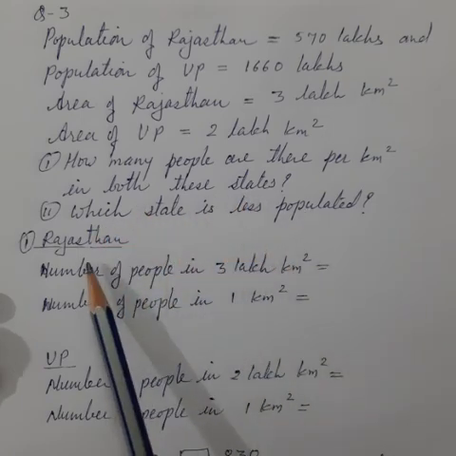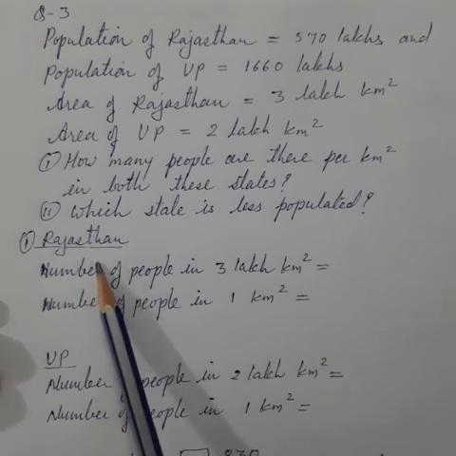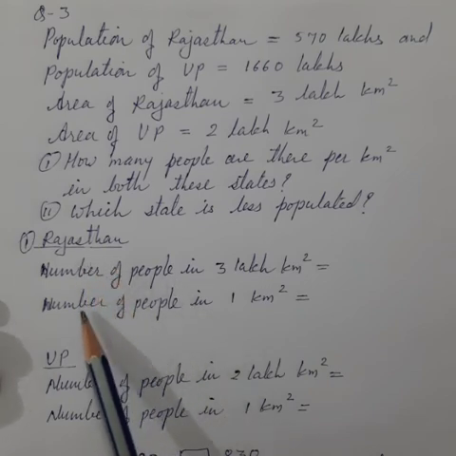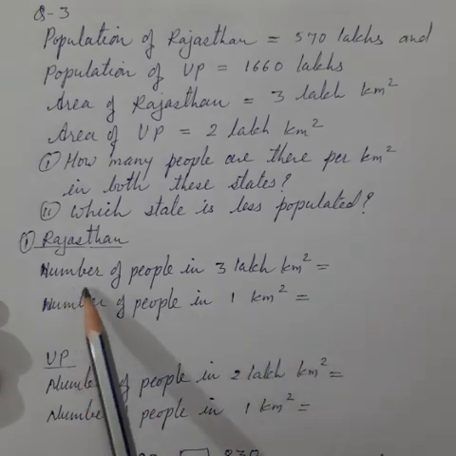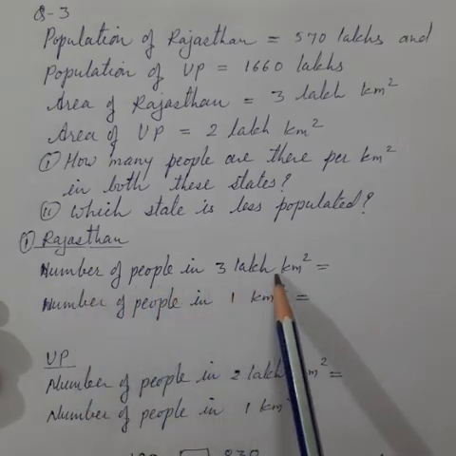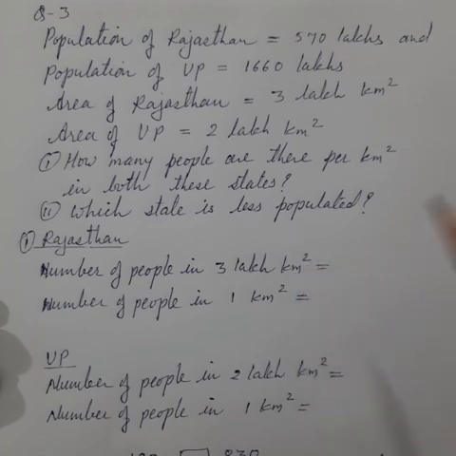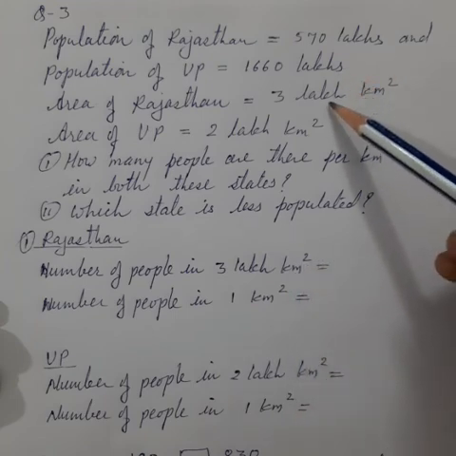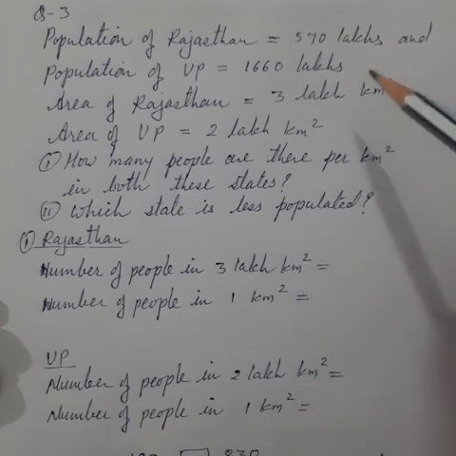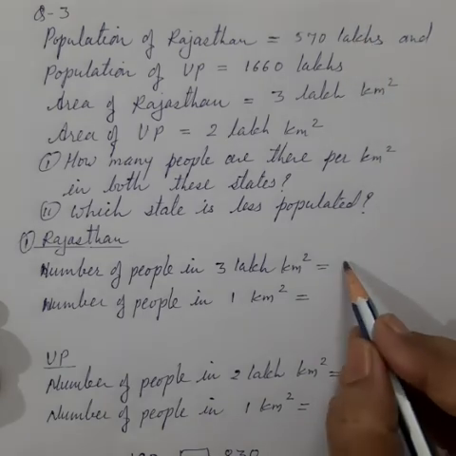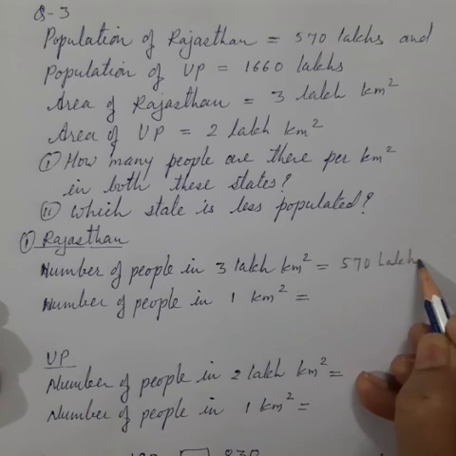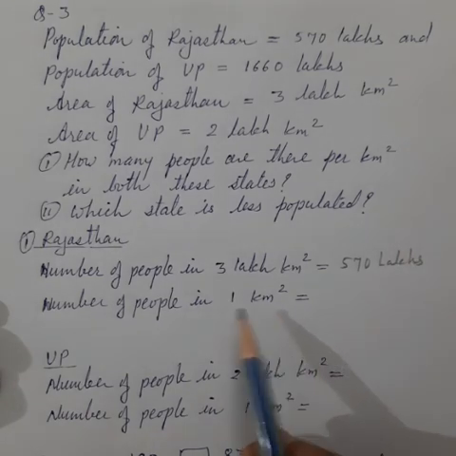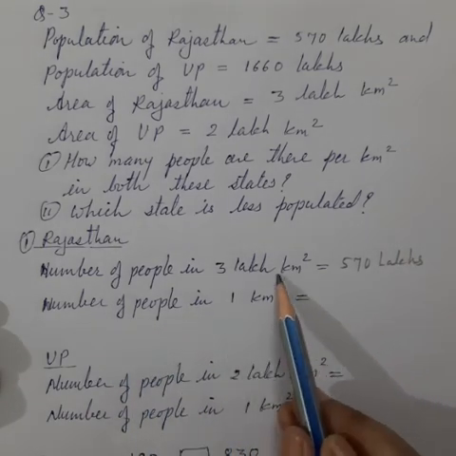So first we will find out for Rajasthan. In Rajasthan, how many people are there in 1 kilometer square? So number of people in 3 lakh kilometer square in Rajasthan. Area is 3 lakh kilometer square and number of people are 570 lakhs. And we have to find out number of people in 1 kilometer square.